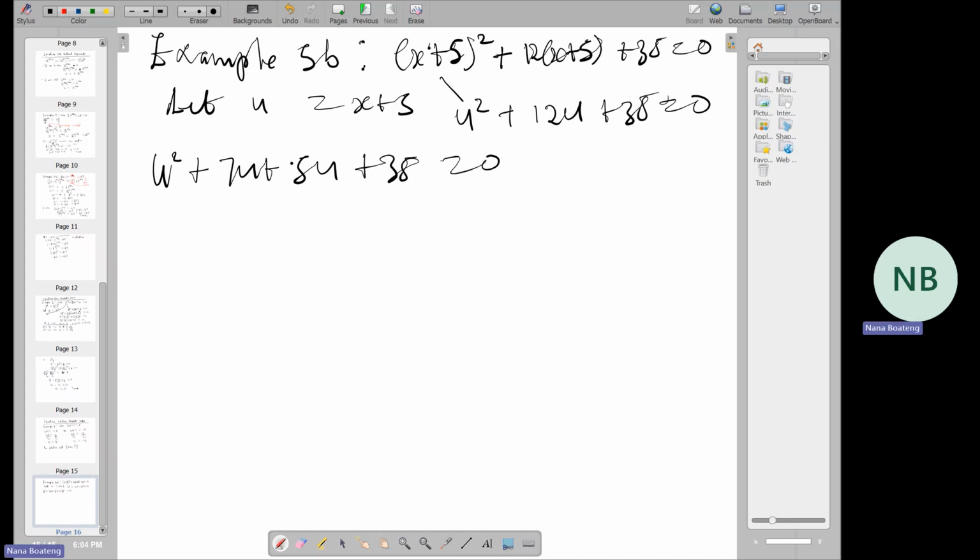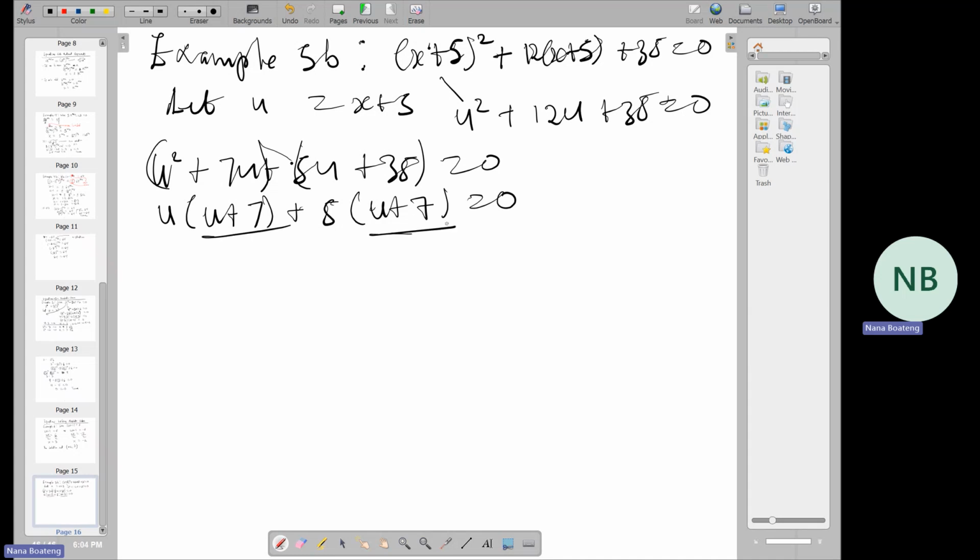Now we can factorize: u times (u plus 7) plus 5 times (u plus 7) is equal to 0. So we can factor out u plus 7: (u plus 7) times (u plus 5) equals 0.